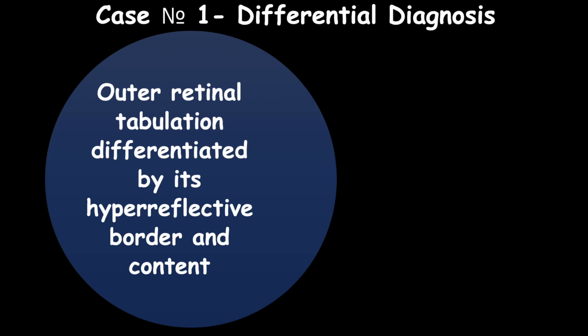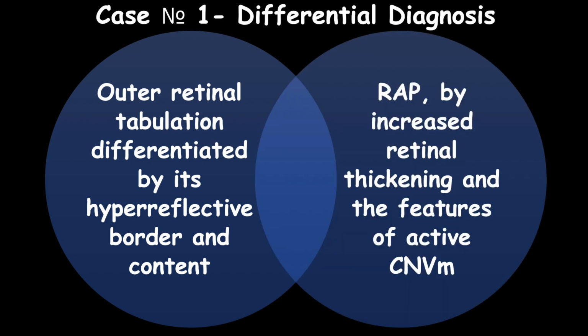It is essential to differentiate intraretinal cysts in advanced AMD from outer retinal tubulation, which presents in spectral domain OCT as a circular or focal structure in the outer retinal layers with hyperreflective borders and contains hyperreflective material.